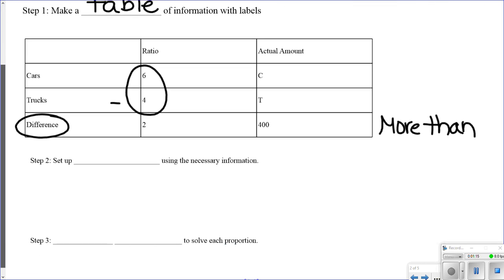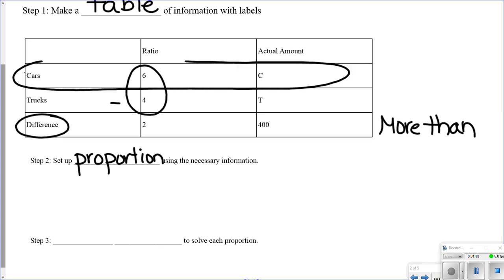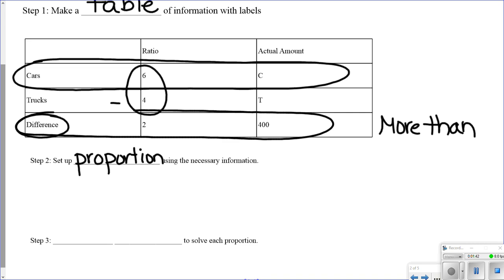Step 2, we're going to set up a proportion using the necessary information. Now, this time it says that we want to know how many people own each type of vehicle, which means I'm going to need 2 proportions to solve this. First proportion would come from the top boxes and the bottom boxes.